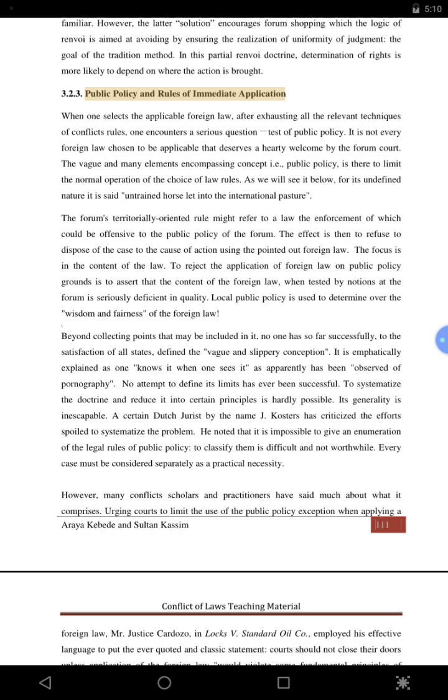3.2.3 Public policy and rules of immediate application. When one selects the applicable foreign law, after exhausting all the relevant techniques of conflicts rules, one encounters a serious question: the test of public policy. It is not every foreign law chosen to be applicable that deserves a hearty welcome by the forum court.